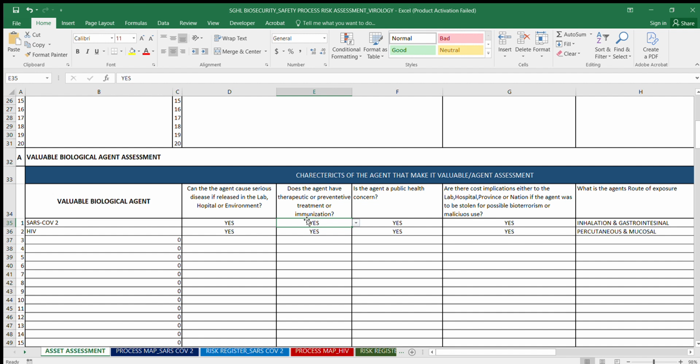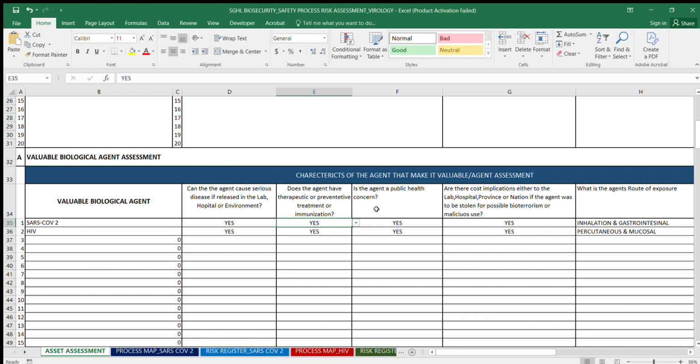If you say yes here, it means this agent has treatment and there is a vaccine for it. But if you say no, it means that if you get exposed to this agent, you cannot get treatment, and you also cannot get pre-exposure prophylaxis where you get immunized. What that means is that this agent, if you say no, becomes more valuable than something which has treatment and has a vaccine available.